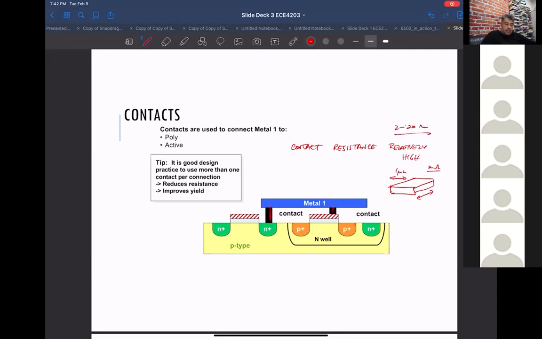Another thing is, for whatever reason, contacts are prone to failing. The failure rate is very low, the non-failure rate may be 99.9999, add however many nines. But remember, all it takes is one failure, and you have a ton of them.